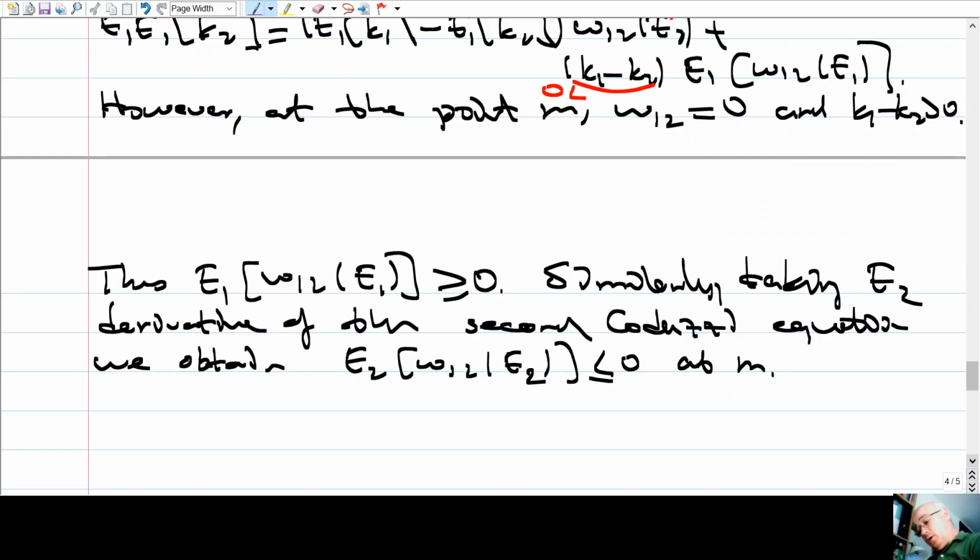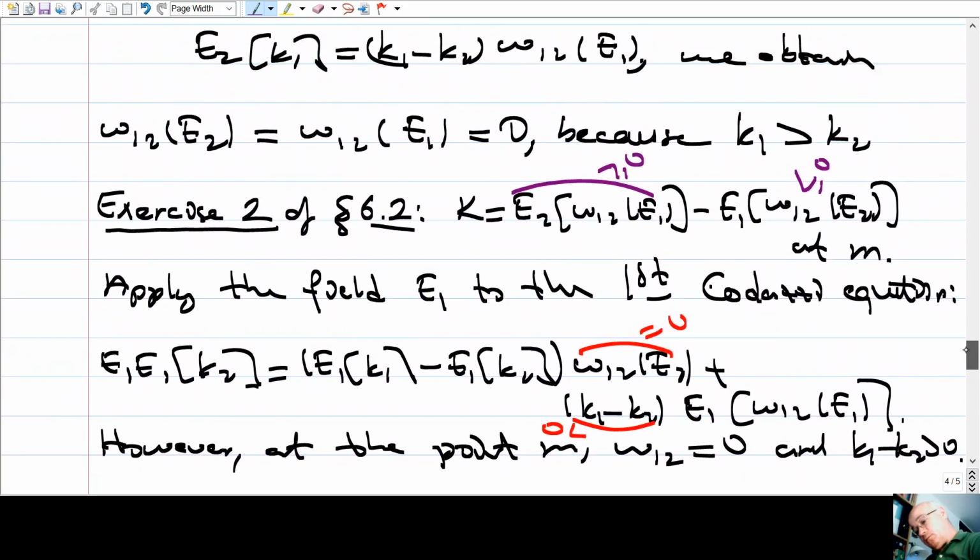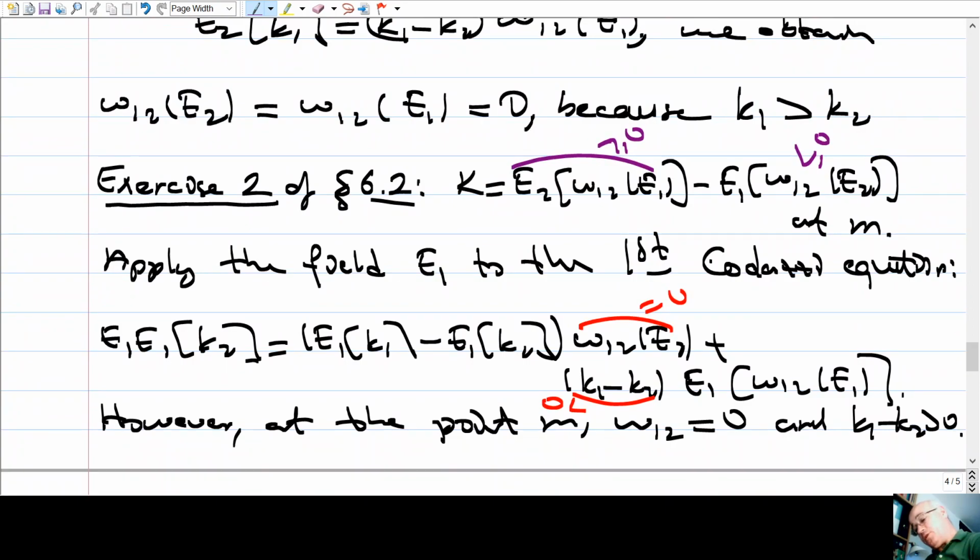So you subtract from a non-negative number a non-positive number.